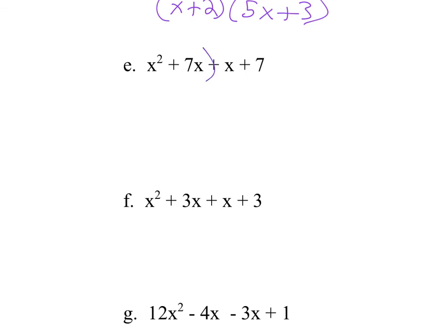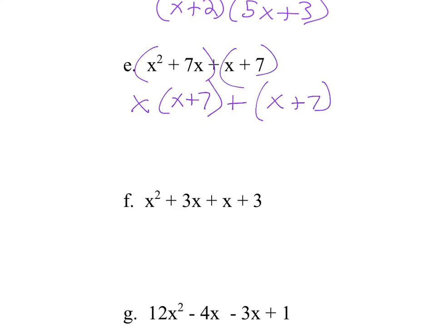All right. I pull out an x. I have x plus 7. And notice I have just an x plus 7. So when I factor out the x plus 7, I have to be careful and leave that placeholder there of a 1 so that I know I have a term there.